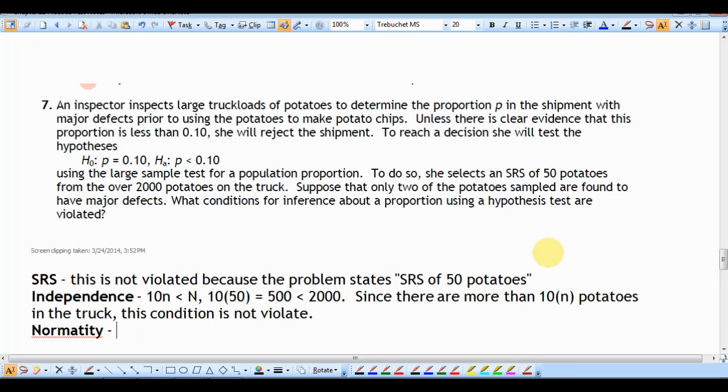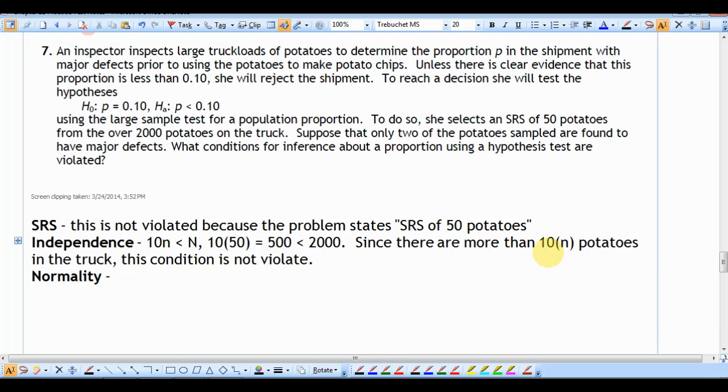So we got to remember the normality conditions for proportions. First condition, np must be greater than 10. np is equal to, how big is our sample size? 50.